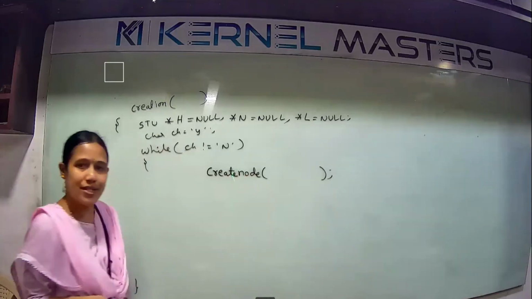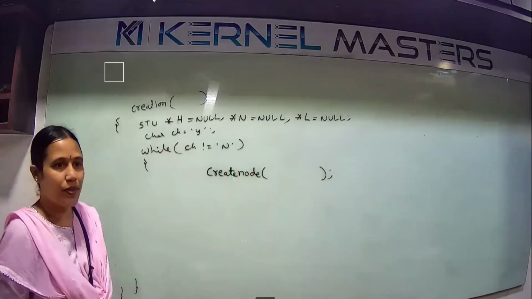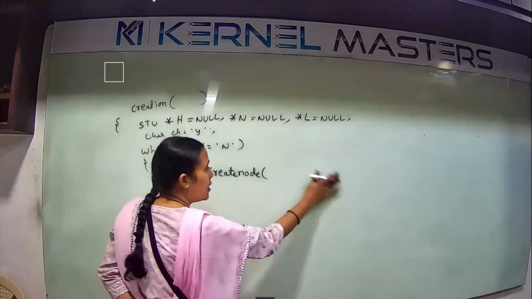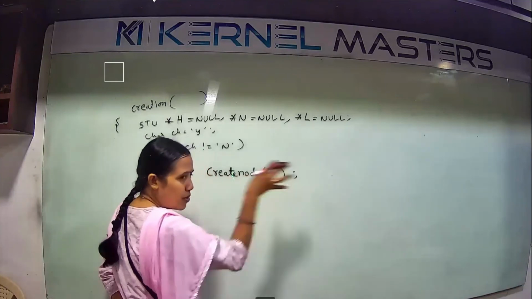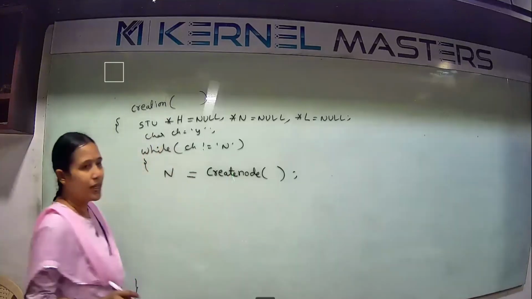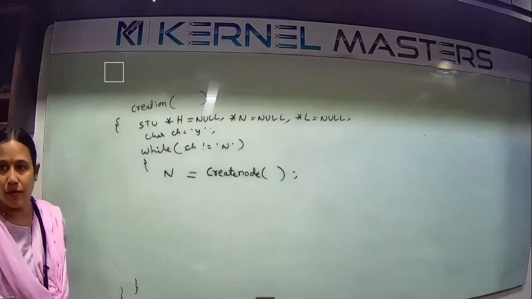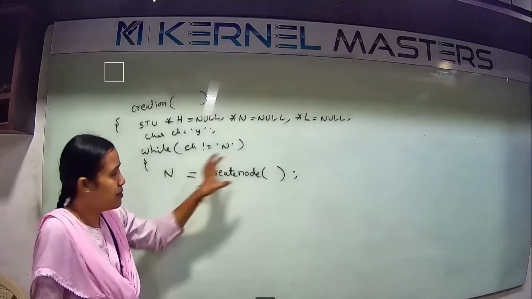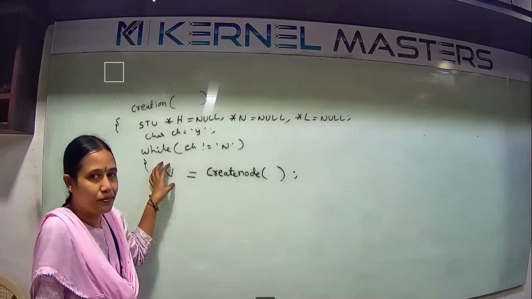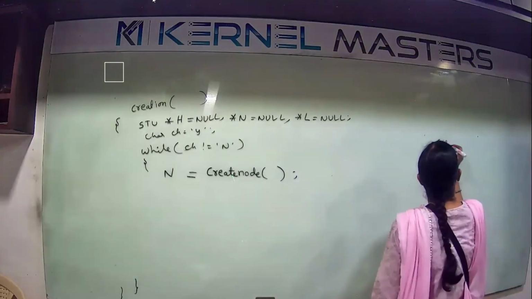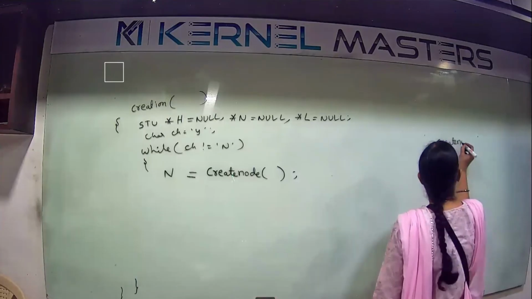Whenever you have to insert, you have to create a new node. So create node, I am writing as a separate function. It does not take any input. It will just create a node and return the address to you. That address I am storing in the new pointer. The address returned by the create node function will be stored here. Okay. So this create node function, what does it do?